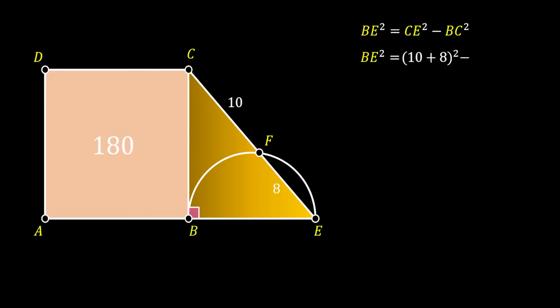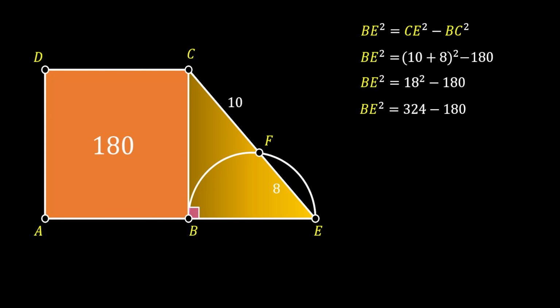Since BC is the side of our square, BC squared is nothing but the area of the square, so this is 180. Now we're just going to work through this a little bit and simplify and finally get that BE squared equals 144, which means that BE must have the length of 12.